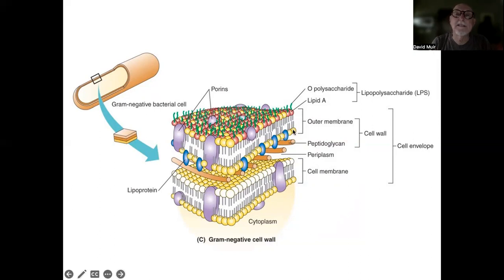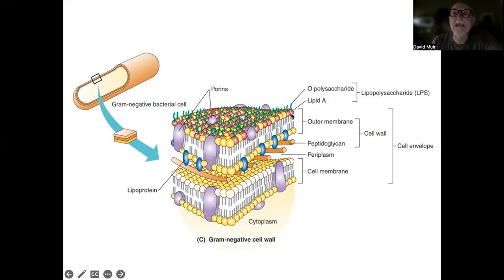But only this layer here is really very similar to the normal phospholipid layer. This layer on the outside is different. It has embedded in very rich concentration this molecule here. I'll show you another picture in a second.